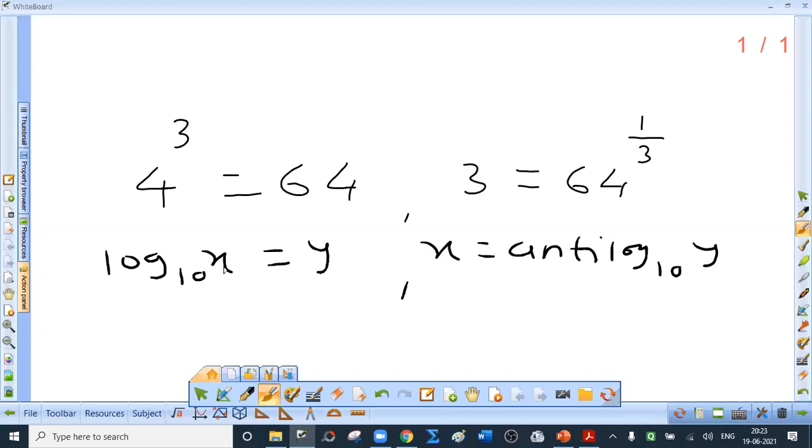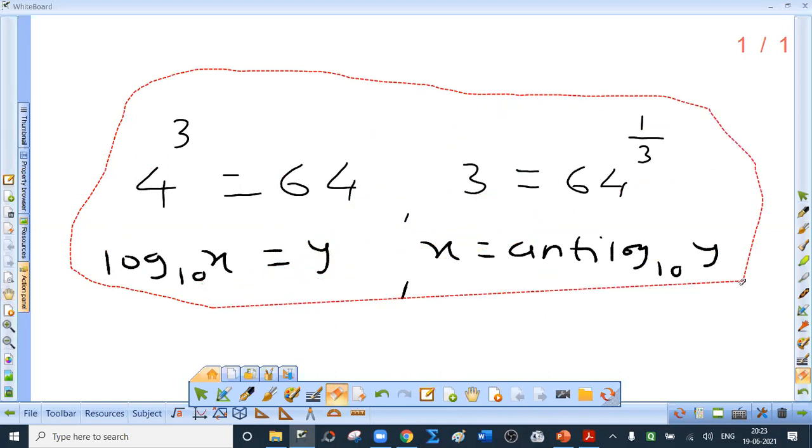If I ask you to find the number whose log value is y, will you take its log value again? No, it is log of log then. Then you have to consider anti-log of y. And for this, we have to use anti-log tables. Okay, that I'll explain by considering the first example, 12 into 5.